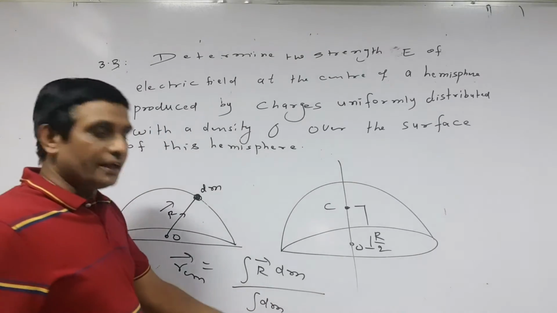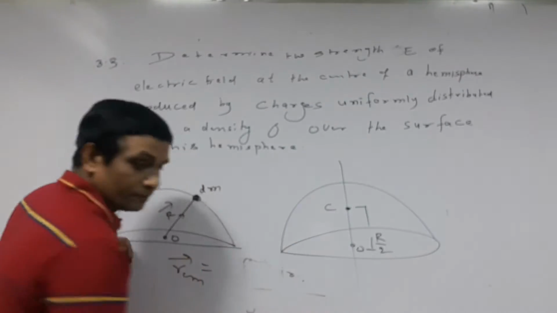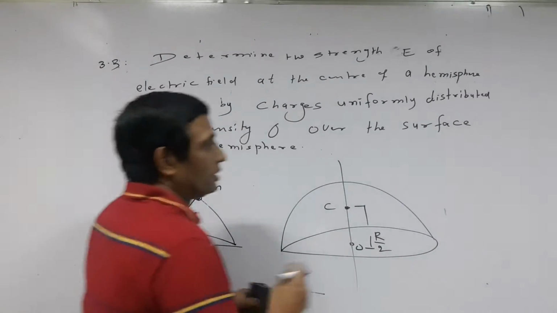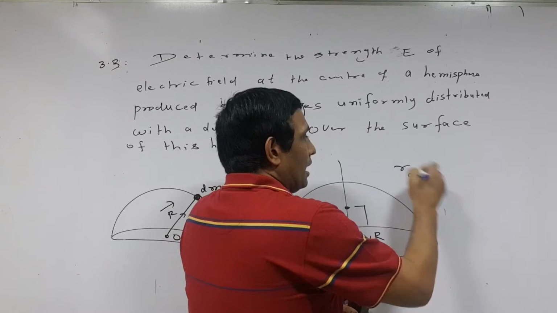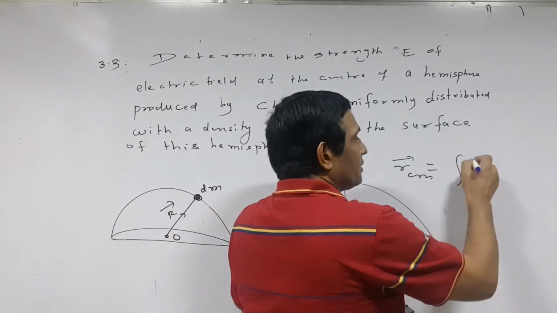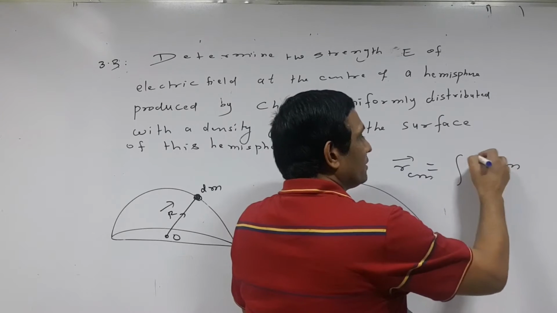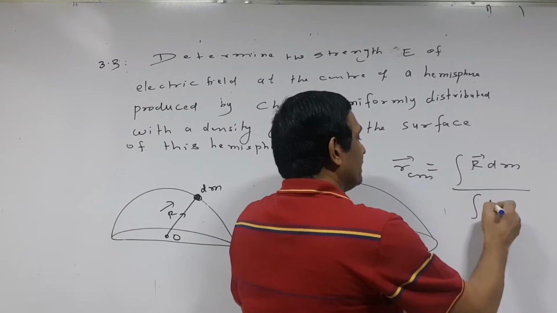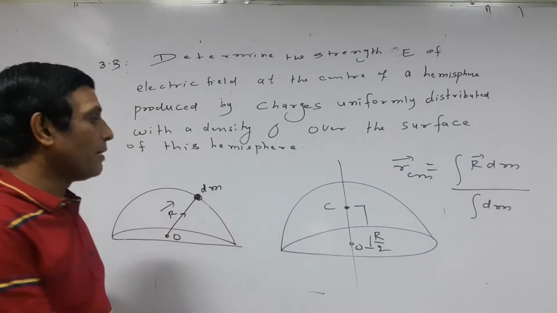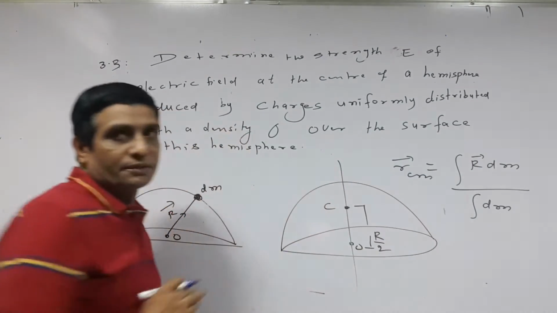What is integration dm? Integration dm is the mass of the hemisphere.